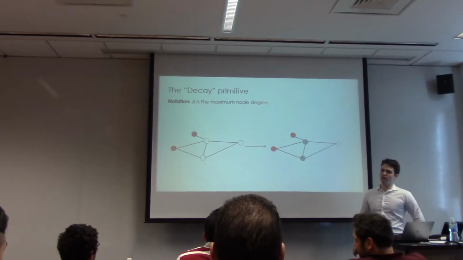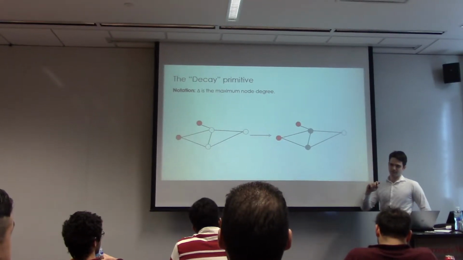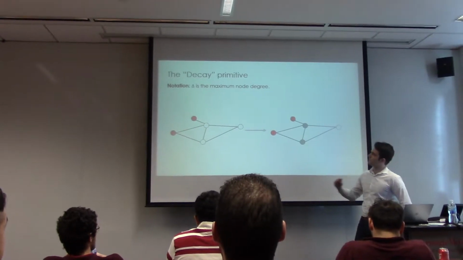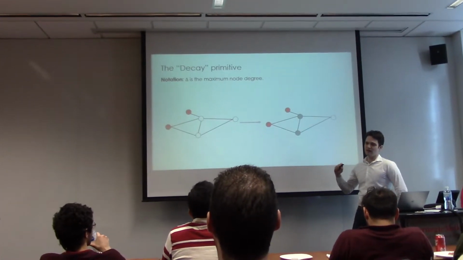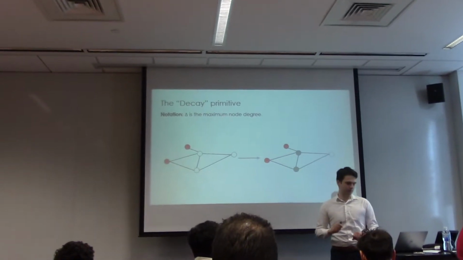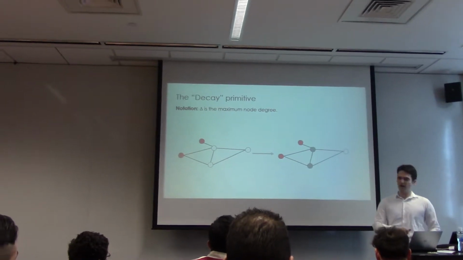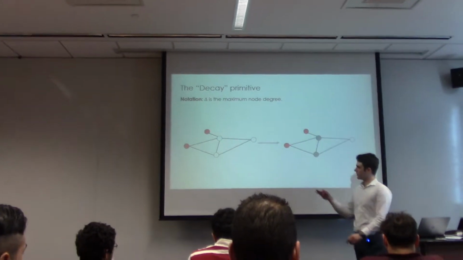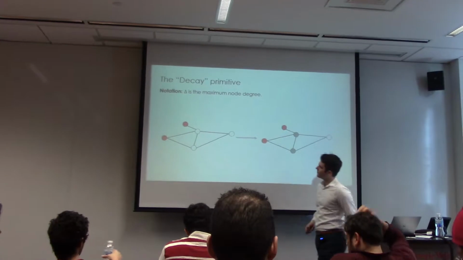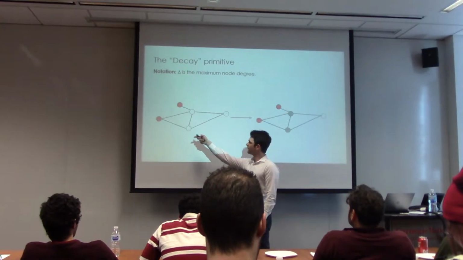Let me tell you about the most important thing in radio networks. It's called the decay primitive. It takes care of all the interference so that you don't need to worry about much. Let's suppose you're given a radio network, and some subset of nodes, any subset, is marked as active.